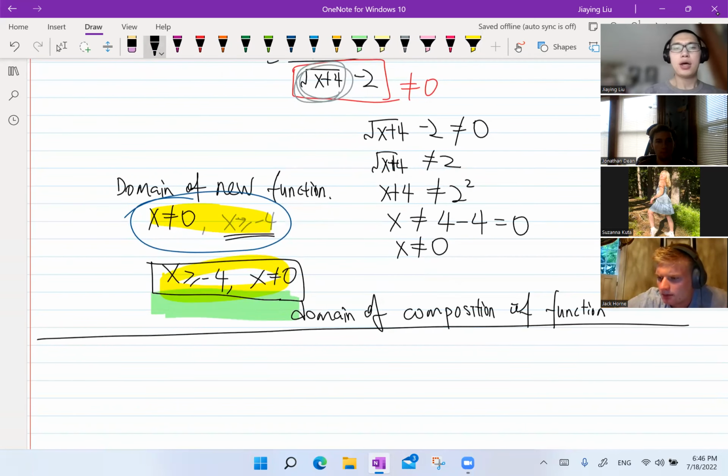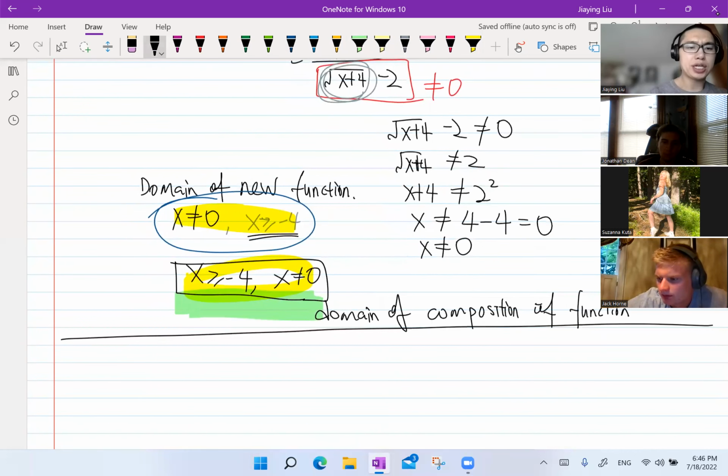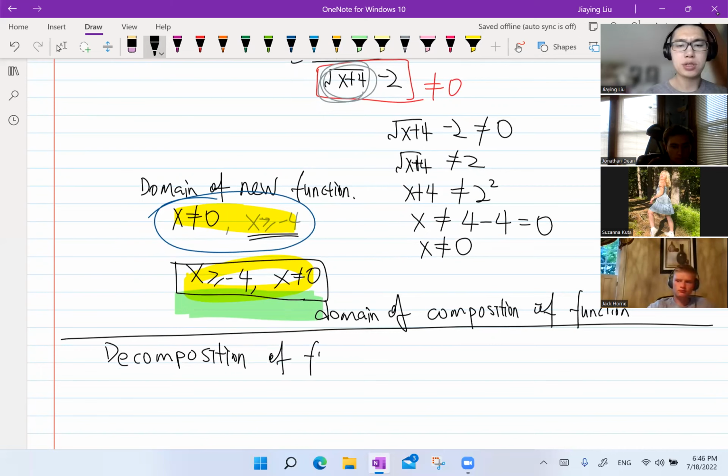Okay. All right, the next thing we can do is take a function and decompose it into two functions. So, decomposition of functions.